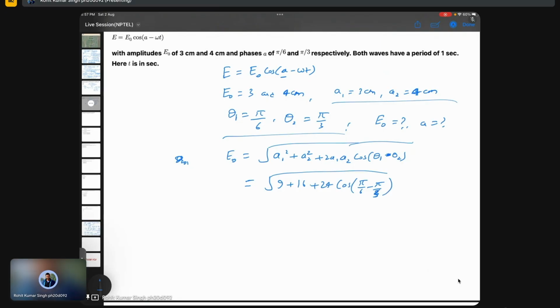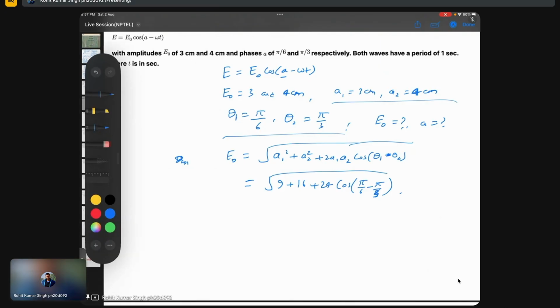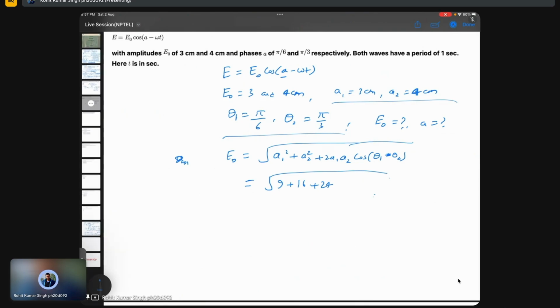Cos pi by 3 is root 3 by 2, right? So 9 plus 16 is 25 plus 12 root 3.